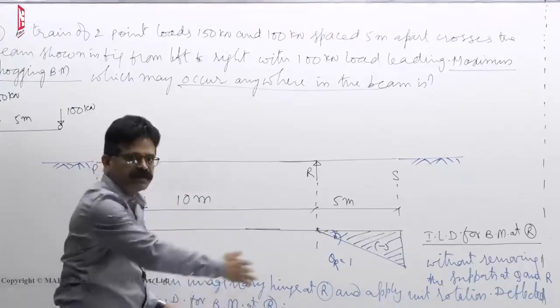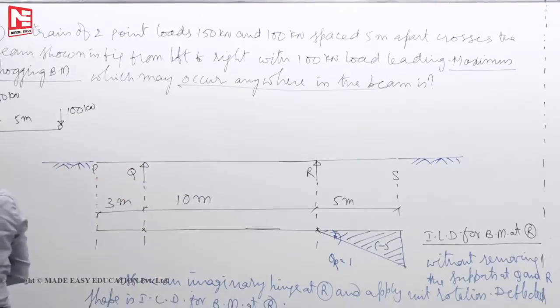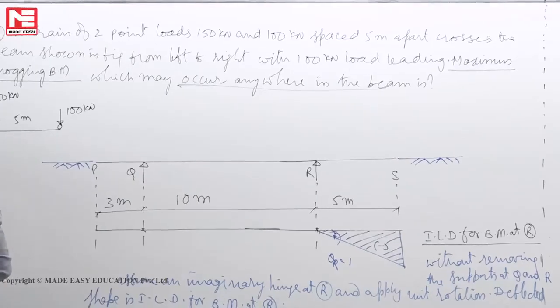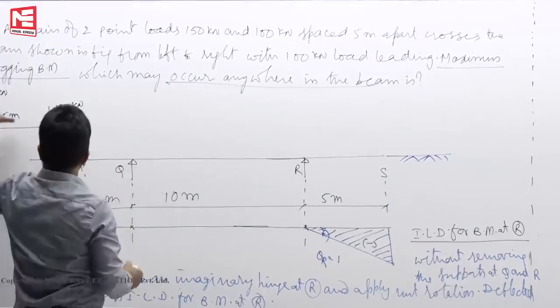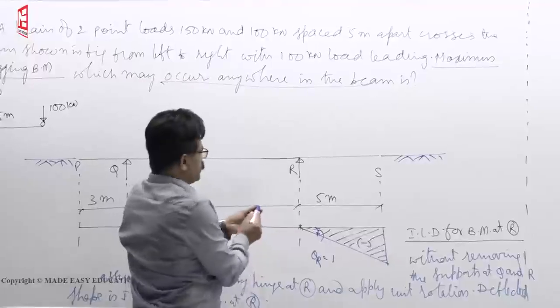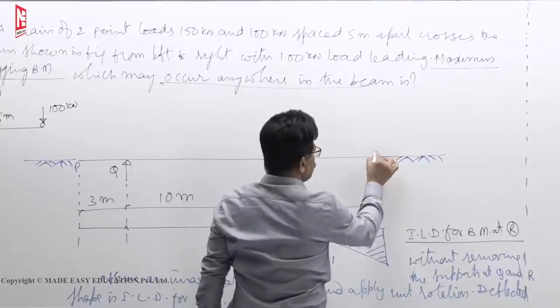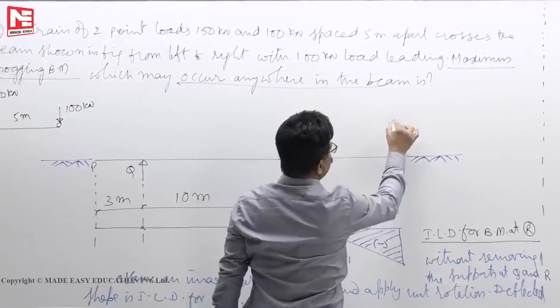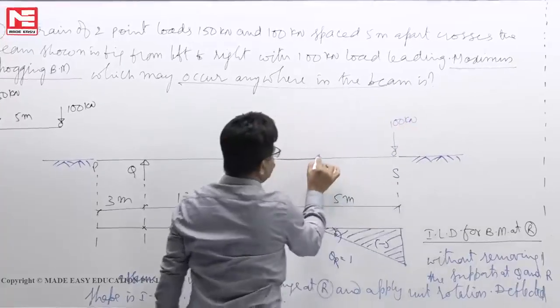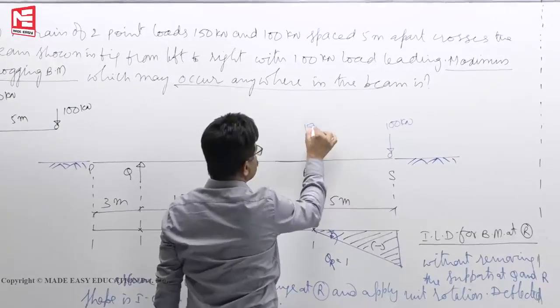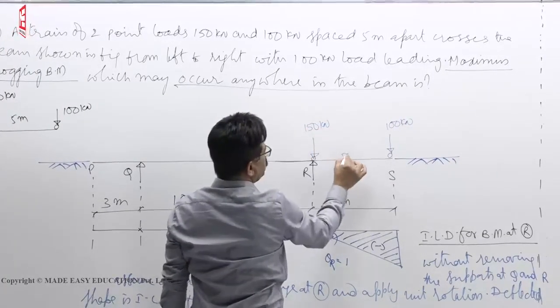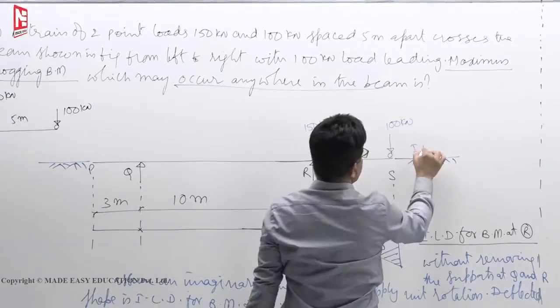Now the loads are moving. First you will permit, when the loads are moving, first 100 kilonewton is moving. This is the first possibility. When 100 kilonewton is here, 150 will be here, because this is how they are moving, 5 meters. This is first possibility.